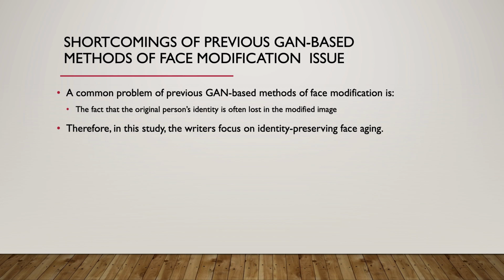Sometimes the face aging images will be created, and you realize that there's nothing in there that looks like the original person's identity. Therefore, in this study, the writers focus mainly on identity preserving face aging. That's trying to make sure the individual's identity is still in there while the face aging is applied.